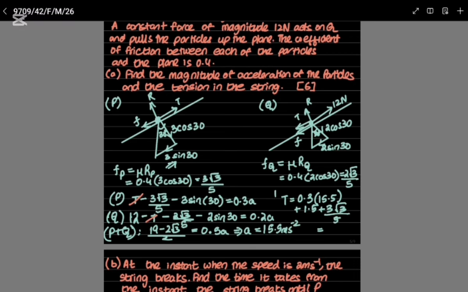Now what does this give you? Let me separate this: 0.3 into 15.5 plus 1.5 plus 3 root 3 over 5. This gives me that tension is 7.19 newtons, to three significant figures.